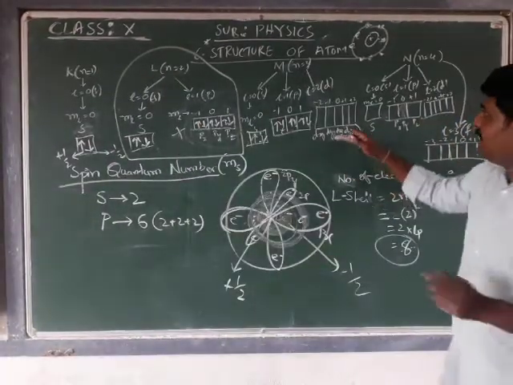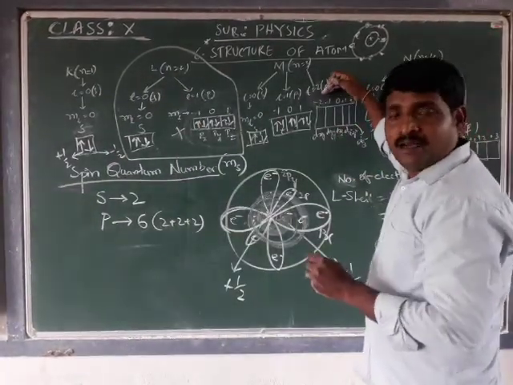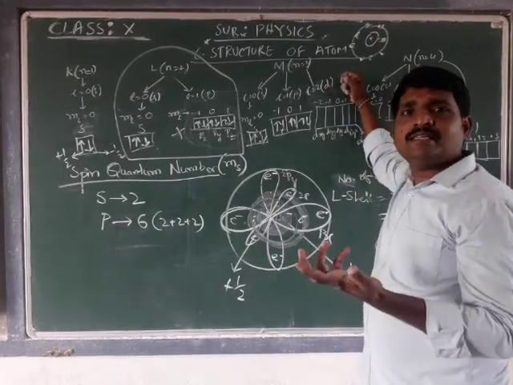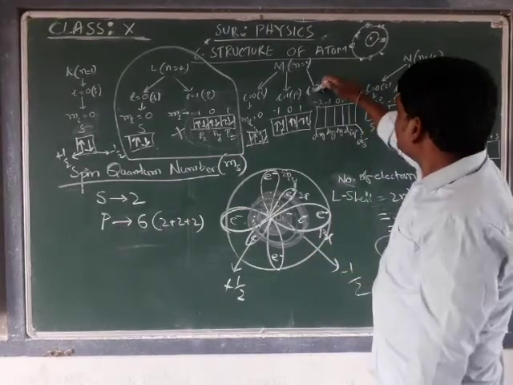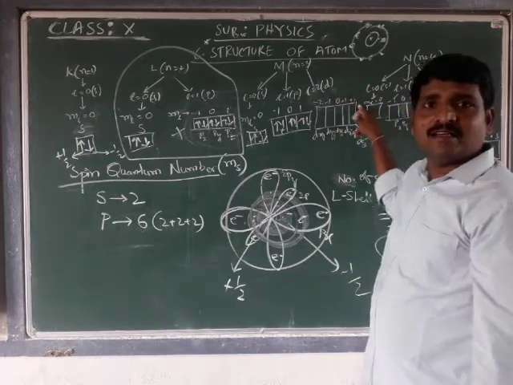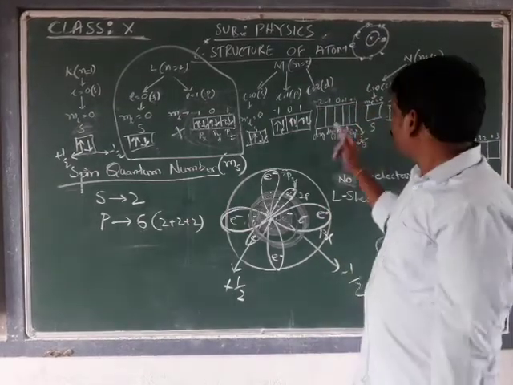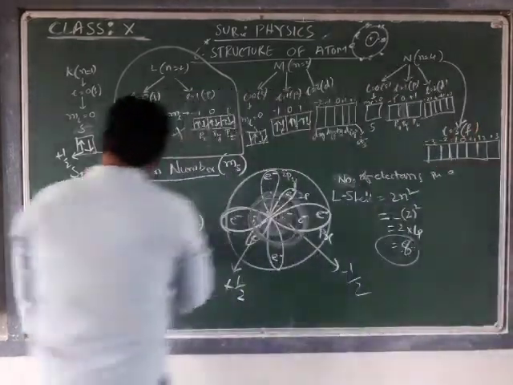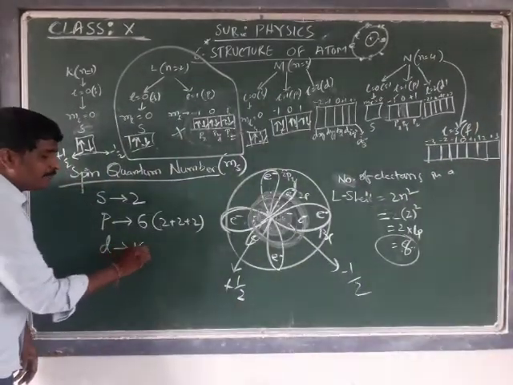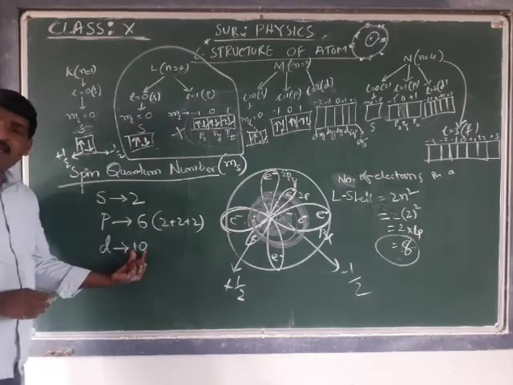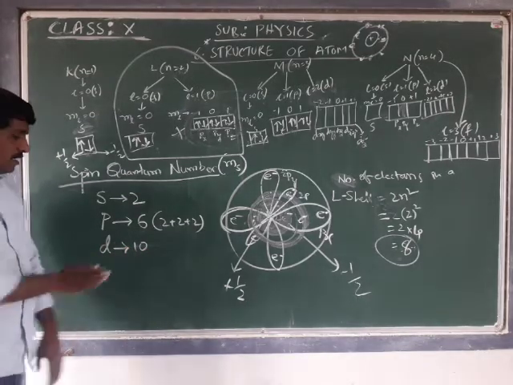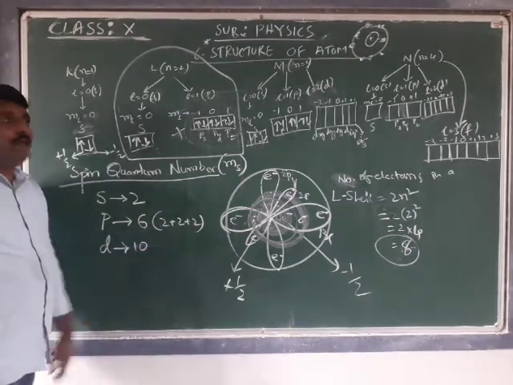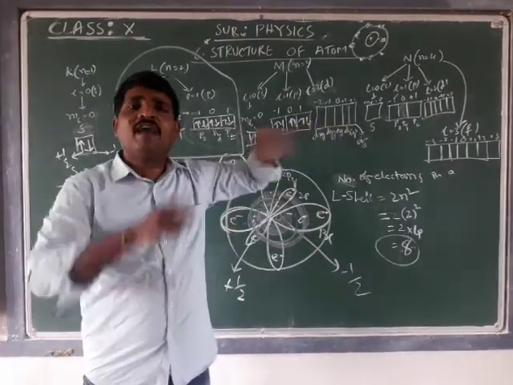The d subshell is oriented in how many ways? Minus 2 to plus 2, that is 5 ways. It is oriented in 5 ways. So how many electrons can we fill? 10. The d subshell can handle a maximum of 10 electrons. More than 10 the d subshell cannot handle, because it has only 5 ways of organization.